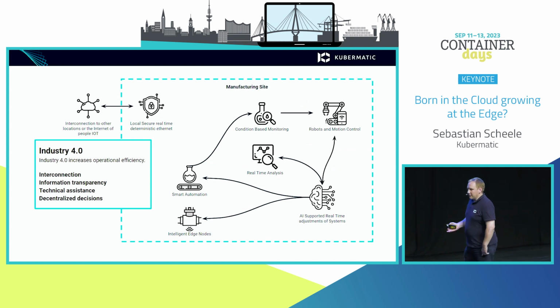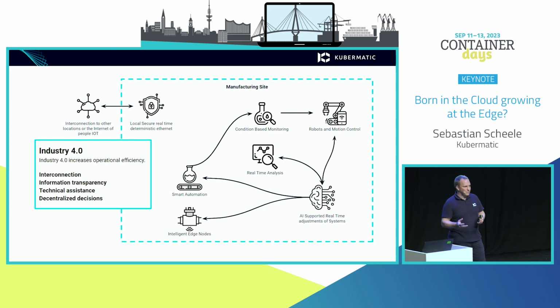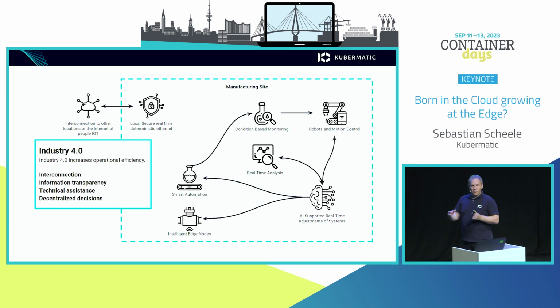So let's look into a use case with Industrial 4.0. Think, for example, of an automotive company producing cars. On the one side, you're generating more and more data in real time. You have your robotics, you have intelligent systems to build these cars, and you get more and more dependent on your IT infrastructure there.